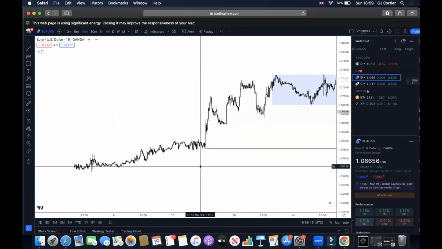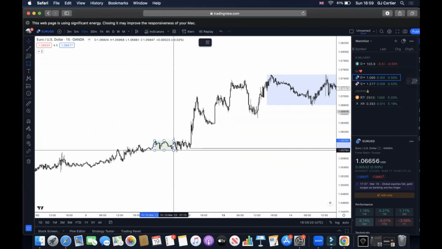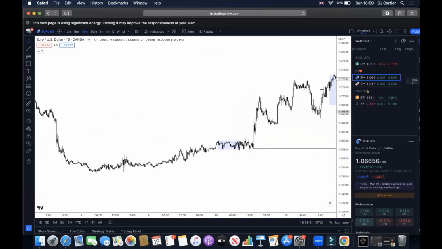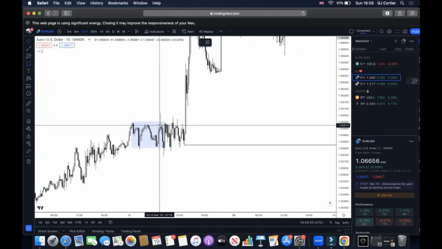You can see it again for this example. What did price do? Price created, let's say this was our consolidation period. If we mark this in blue, we then have manipulation. Why is this manipulation?